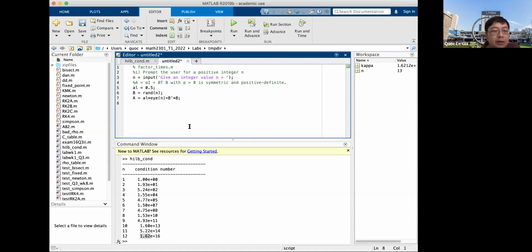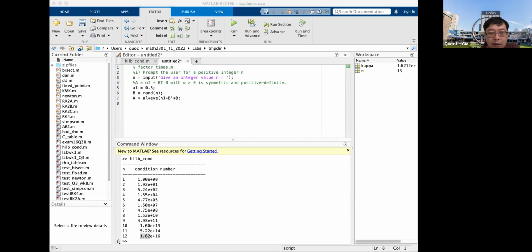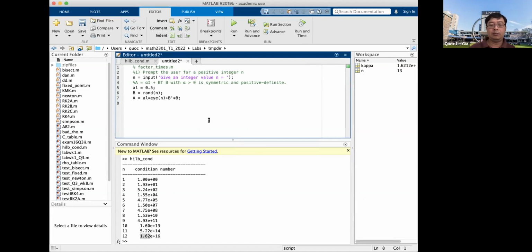Okay, so now print out the CPU time taken by LU and Cholesky factorization to factorize A. So how do you do that? What command should you use?